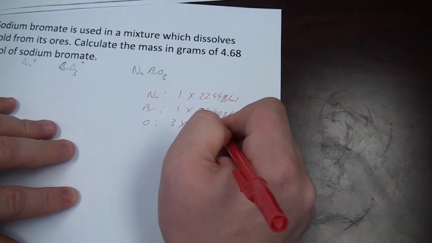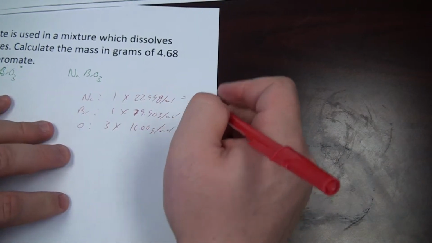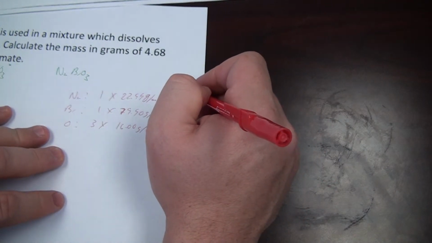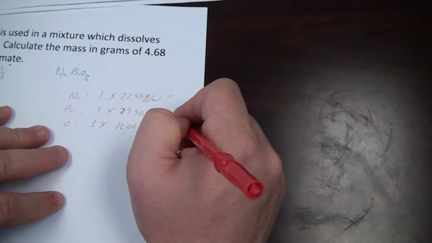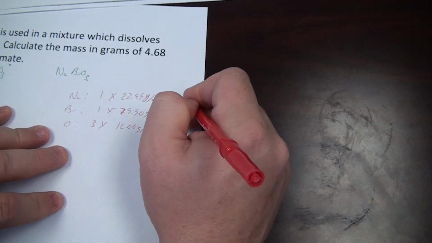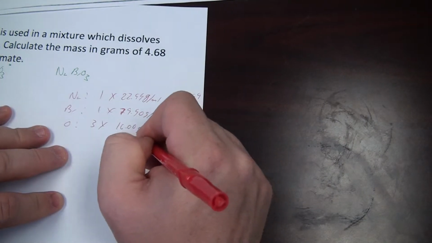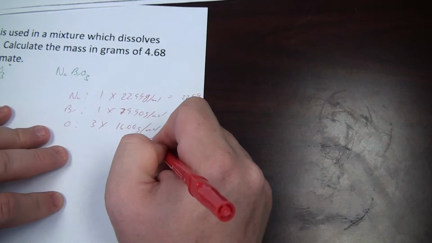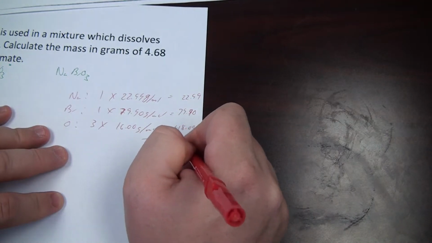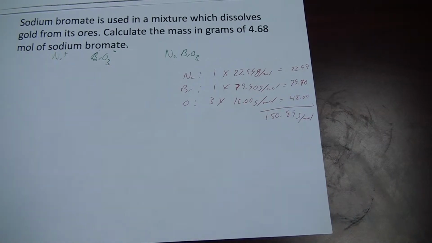So this ends up being 79.90, 22.99, and 48.00 for a molar mass of 150.89 grams per mole.